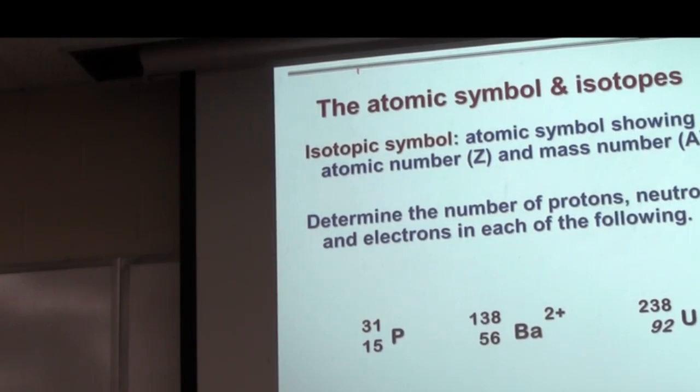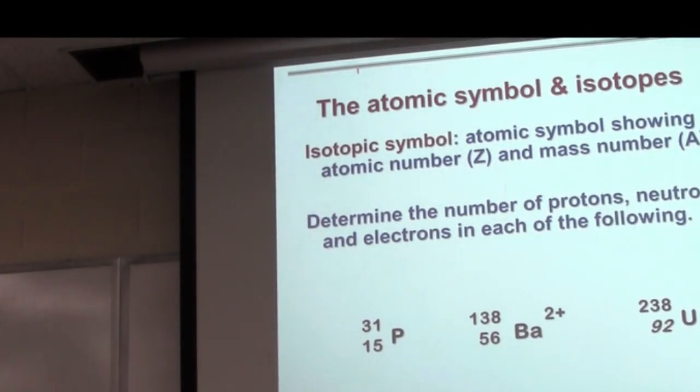It's a whole number. In the periodic table, most of the atomic masses are not whole numbers. It is because these are average atomic masses, averages considering all the different isotopes with whole number masses, right? So that's why.